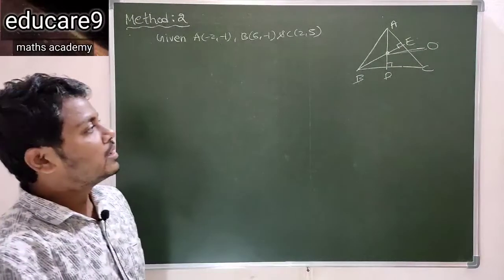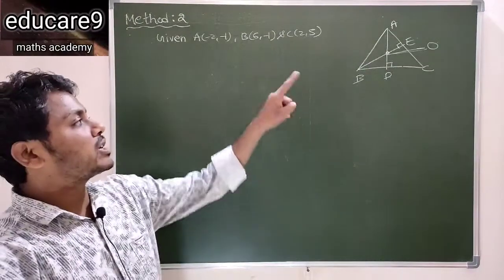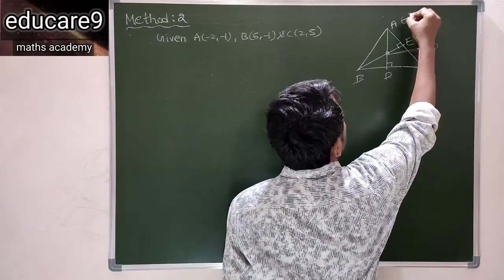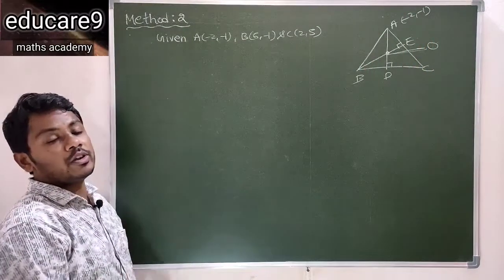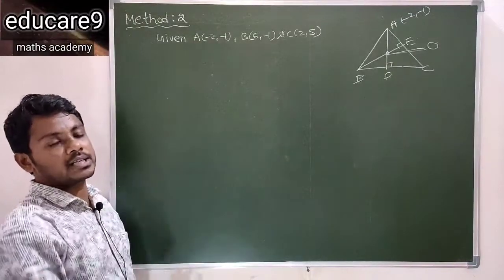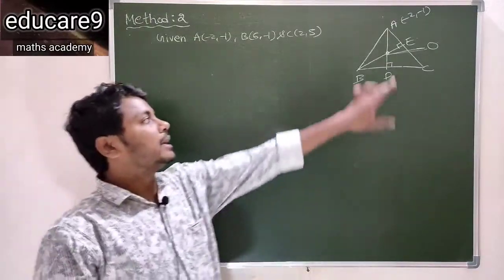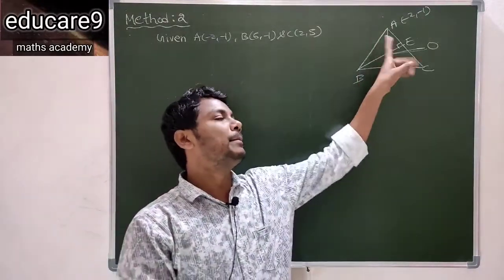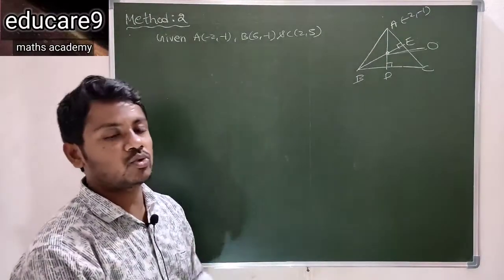Now you need to find the equation of AD. That AD equation passes through the point (-2, -1). Now you need to find the slope of that line and apply the slope-point form. You will get the AD equation. Similarly you can find the BE equation. Solving both of them, you will get the orthocenter.